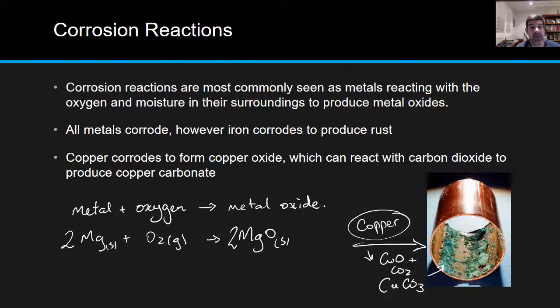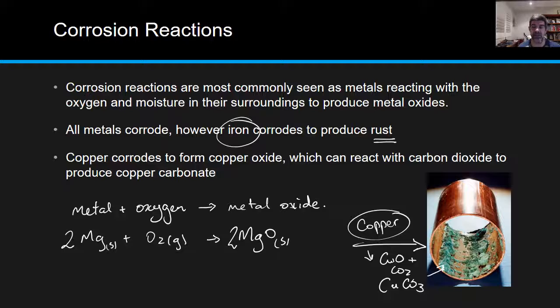So while all metals corrode, it's iron that gets most of the publicity because iron corrodes to produce the corrosion product rust. One of the things that happens when different types of metals corrode is some of them produce an oxide layer on the outside which is quite hard and often impermeable to oxygen.